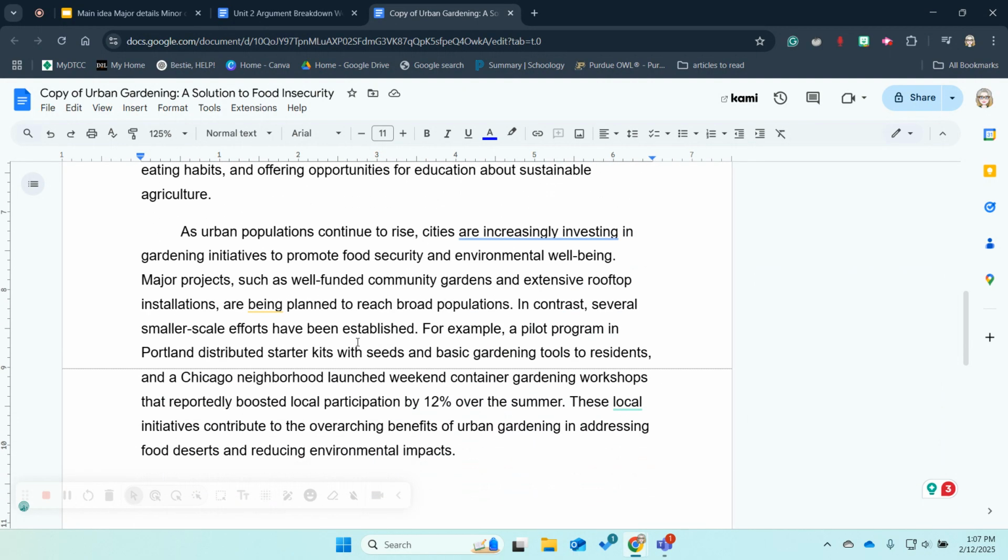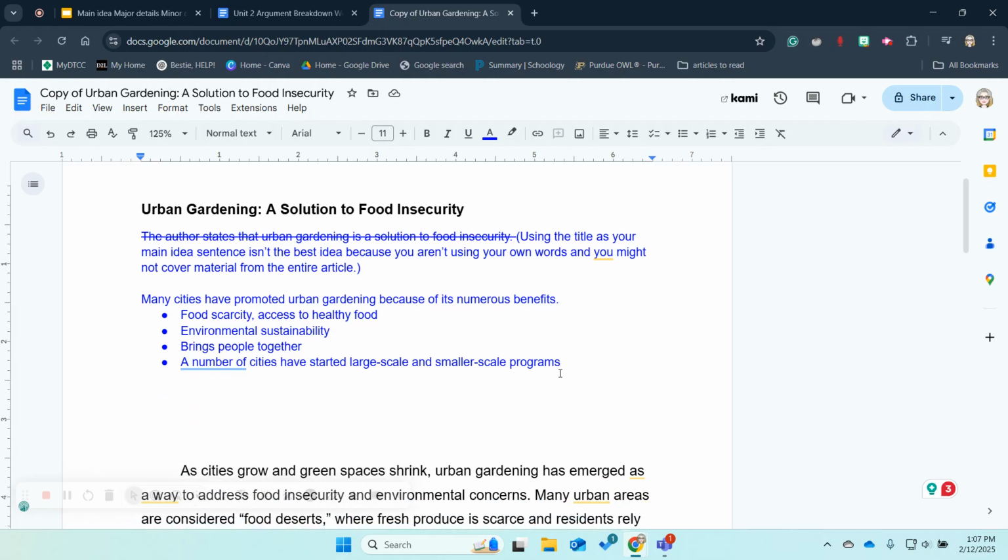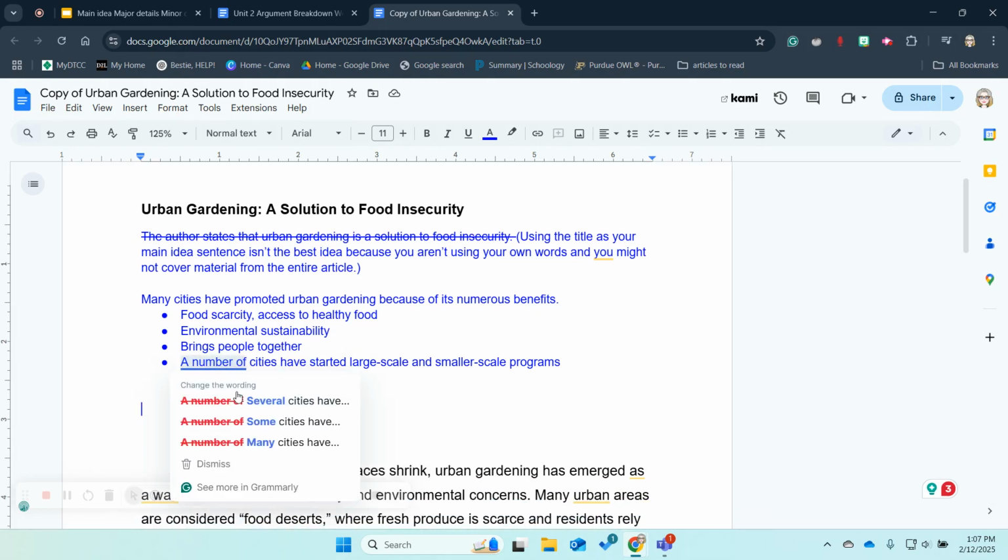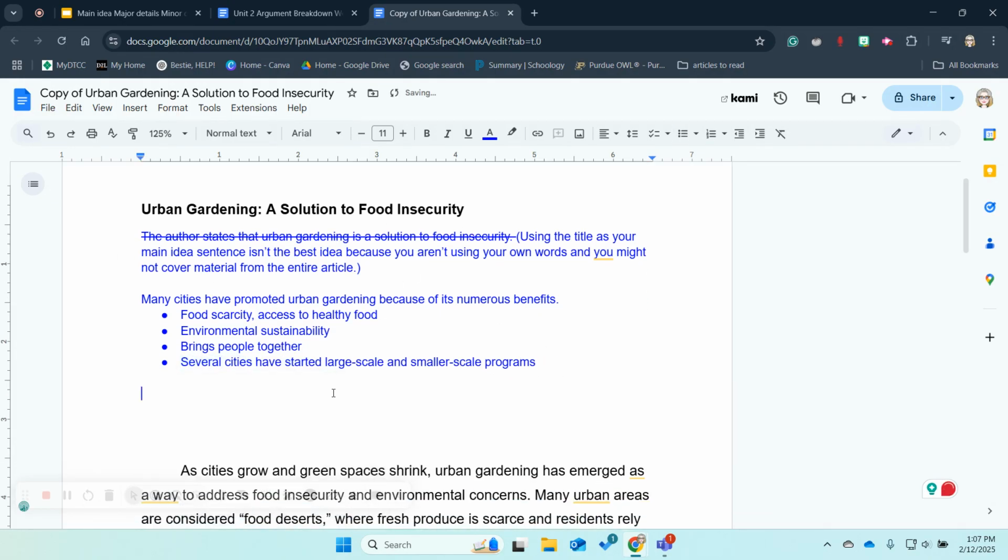So just in these two paragraphs, it looks like I found 4 major details. We could probably use that.